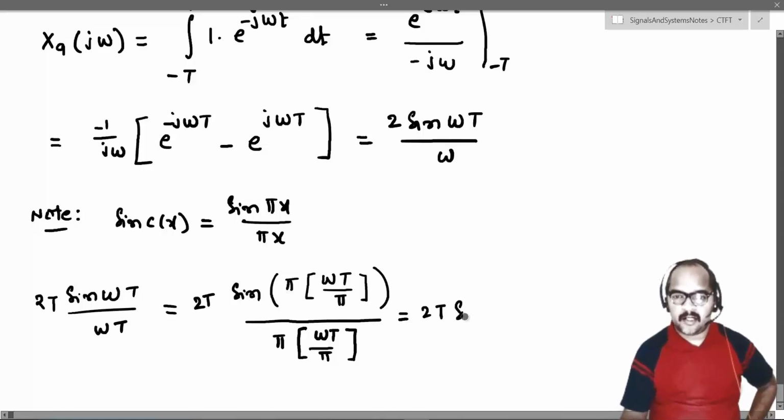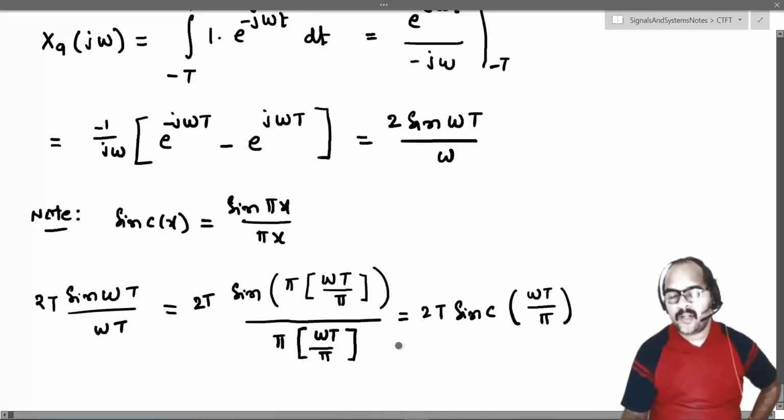So that should be equal to sinc of x, where x equals omega t divided by pi. That would be the representation of the corresponding Fourier transform in terms of the sinc function. Both are almost the same except that the pi term is missing, and hence we can represent our Fourier transform 2 sine omega t by omega in terms of the sinc function in this form. Okay.